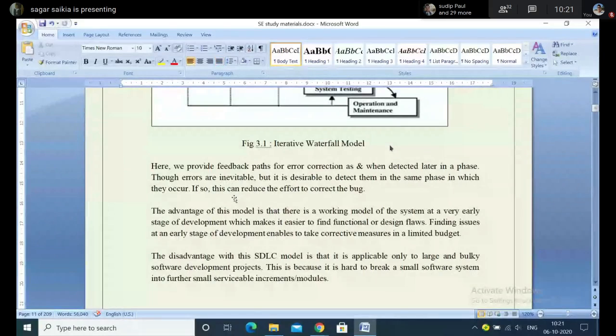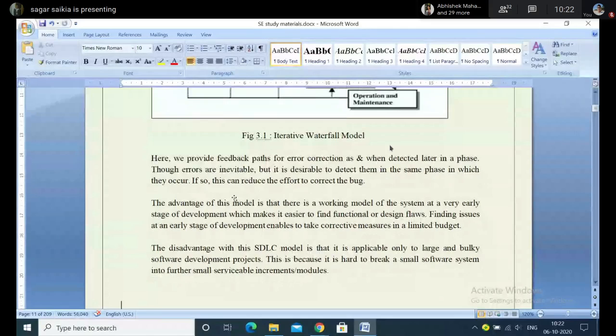The advantage of this model is that there is a working system at a very early stage of development, which helps us to know the shortcomings or demerits that a particular design may have. It's much easier.